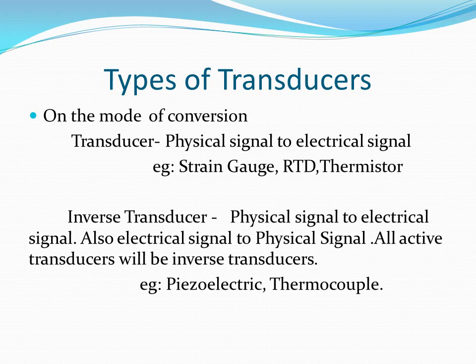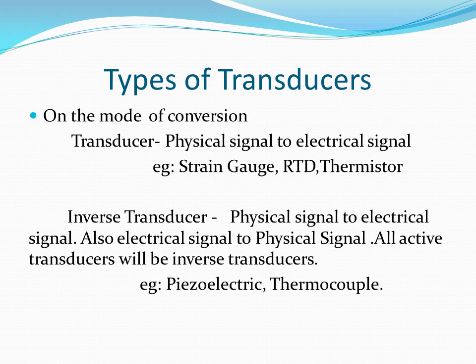Examples are piezoelectric and thermocouple. Piezoelectric converts a force into voltage. Similarly, when a voltage is given to it, it generates a force. Similarly, thermocouple follows both the Seebeck effect and Peltier effect. That is, whenever there is a change in temperature, it produces a change in voltage, and whenever there is a change in voltage, it produces a change in temperature.